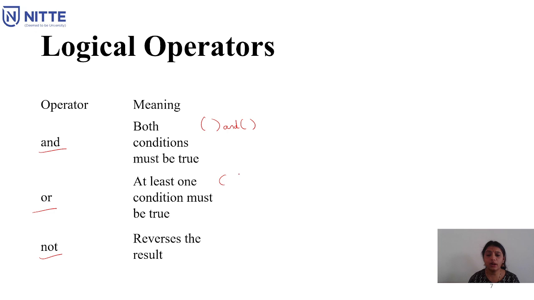If at least one condition has to be true, then you will be using an or operator. If you have to reverse the value from 1 to 0 or 0 to 1, or true to false and false to true, in such criteria you will be using a not operator.